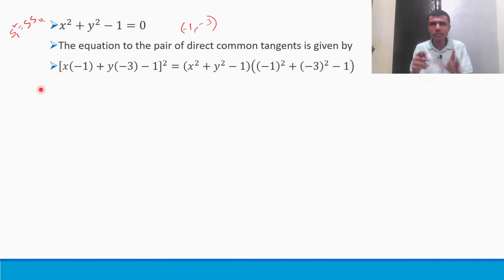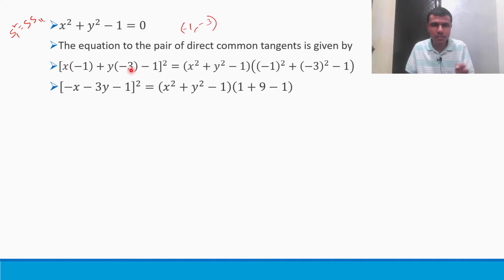I'm going to go a bit fast here in simplification, otherwise the video will become too big. If you want to learn this concept nicely, understand it. So I'll get (minus x minus 3y minus 1) whole square equal to 1 plus 9 minus 1.